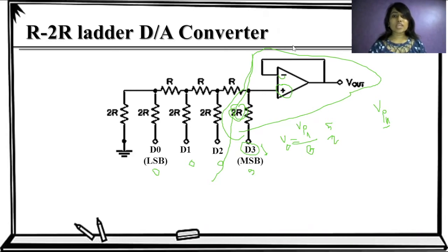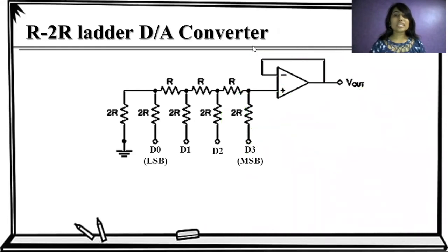Similarly, if only the D2 bit is 1, that is D2 is equal to 1, D1 is equal to 0 and D0 is equal to 0, then from there we have no connections. So we have this 2R resistor, and as we have a ladder network, we have to consider this resistor also.